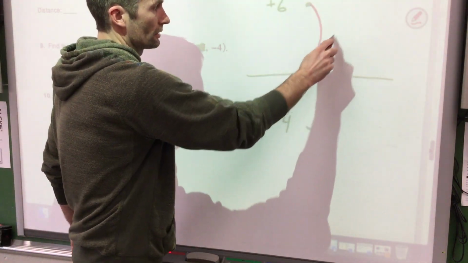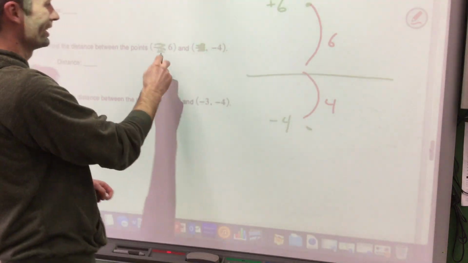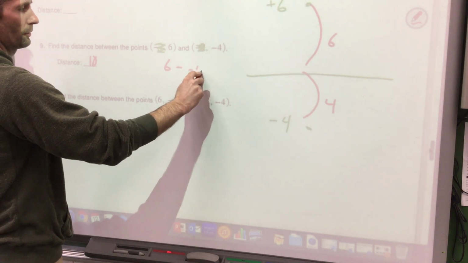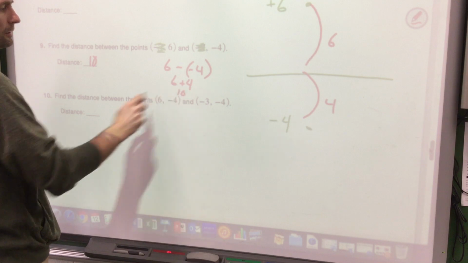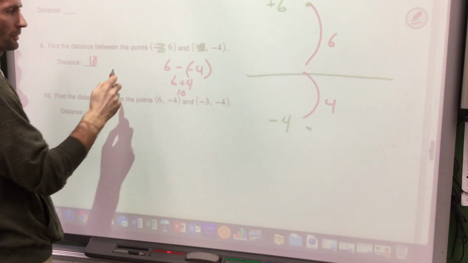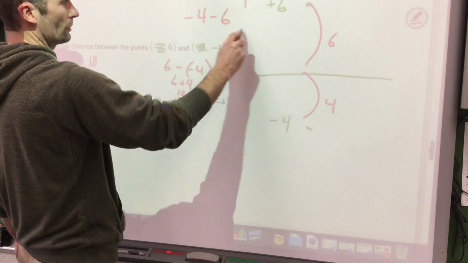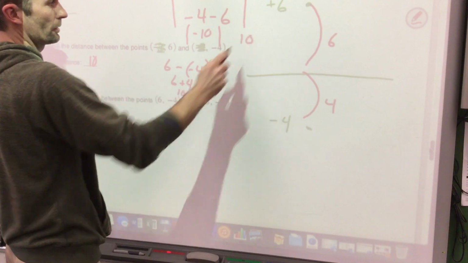We have 6 here, and then we have 4 more here. So they're a total of 10 apart. 6 minus negative 4 is the same as 6 plus 4, which is 10. Okay. We could also think of this in terms of absolute value. Negative 4 minus 6, the absolute value of that is negative 10, which is 10 apart.